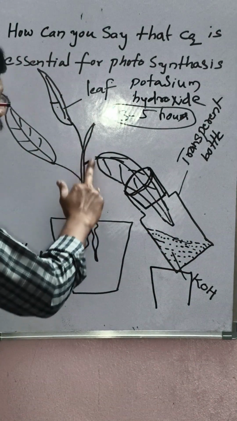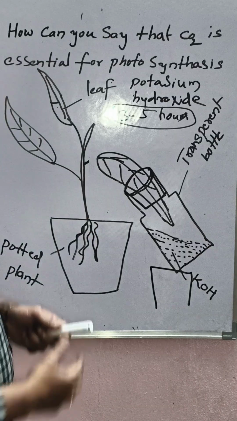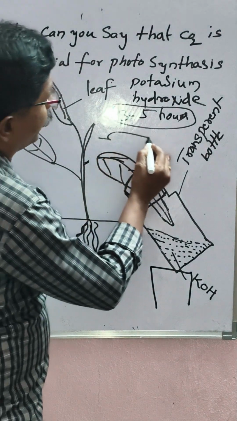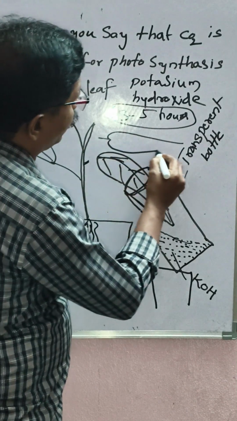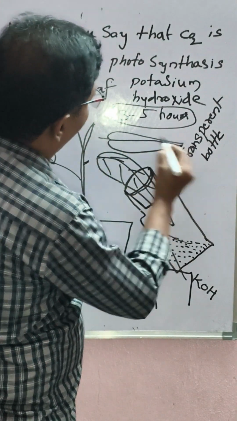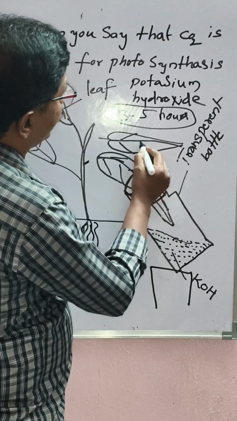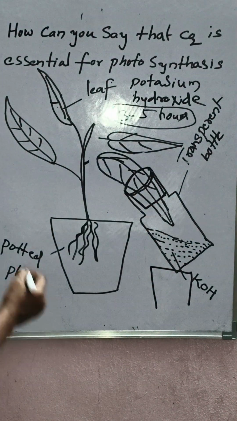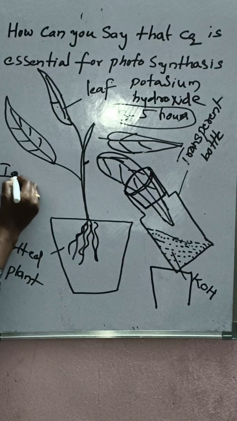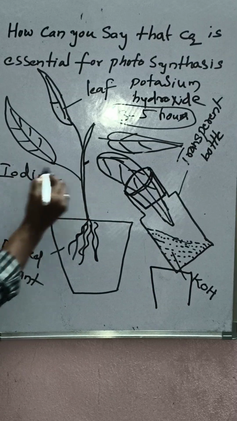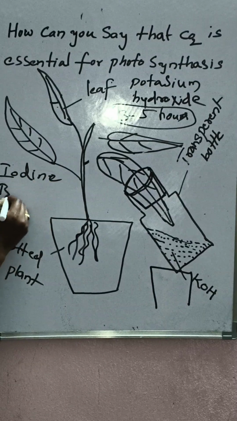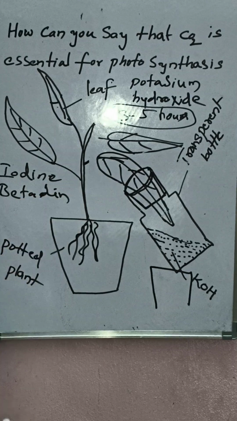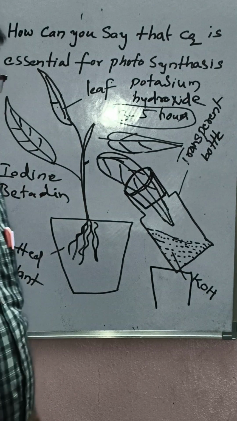Now detach the leaf from the plant and test with iodine or betadine. Iodine or betadine test. These two are very, very important.